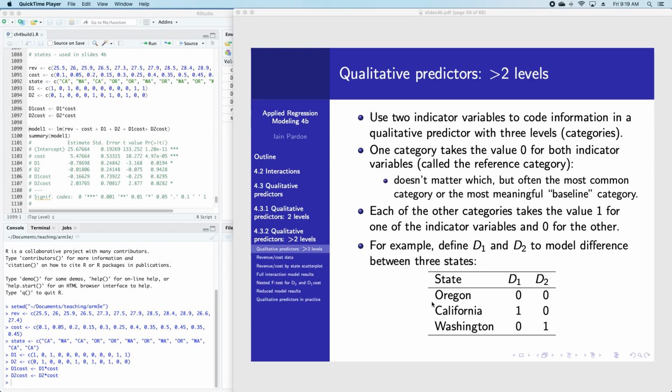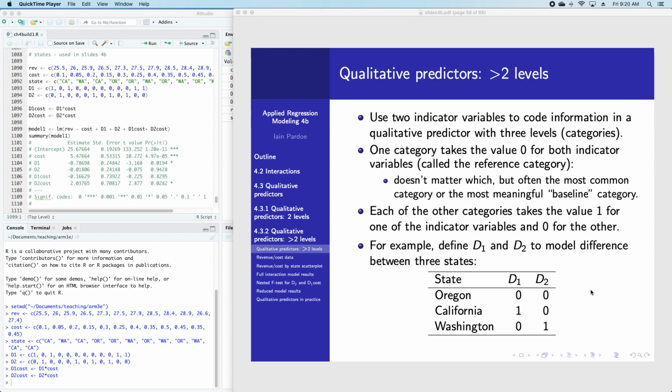Then I go through each of the other categories in turn, and assign a 1 for the corresponding indicator variable and a 0 otherwise. So California is 1 for D1 and 0 for D2, and Washington is 0 for D1 and 1 for D2.